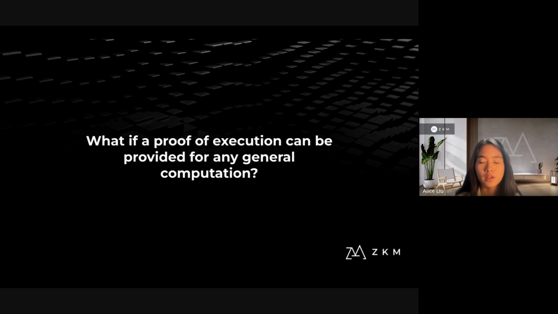So here the main question is, what if a proof of execution can be provided for any type of general computation, not even just those that are blockchain based, but even beyond that?